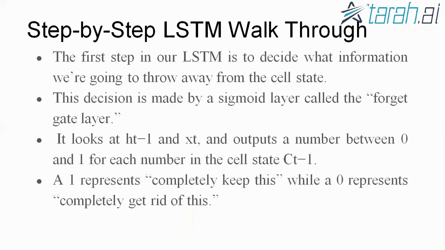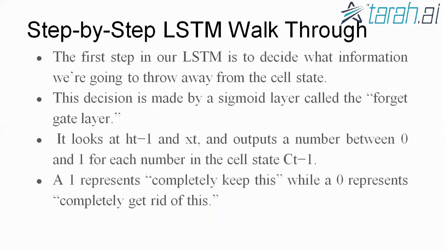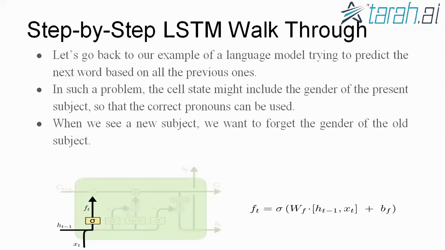If you take ht minus 1 and xt and pass it on to sigma, it gives the output as 0 or 1. A 1 means completely retain the input, whatever is coming in. Otherwise, if it is 0, forget it, there won't be any effect of this.